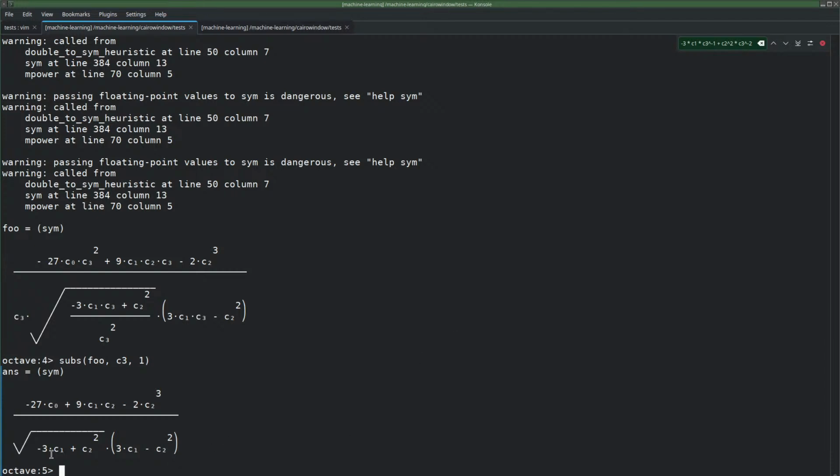Yeah, so really we want to work with C3, 3 times C1 minus C2 squared, I think. I never know how to do that.